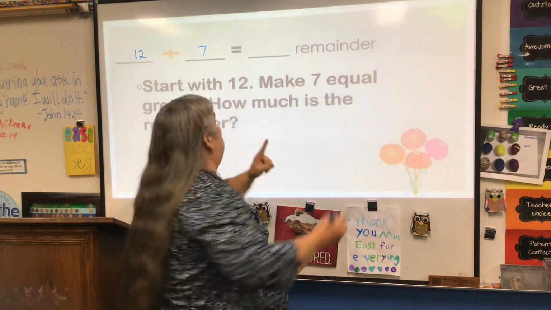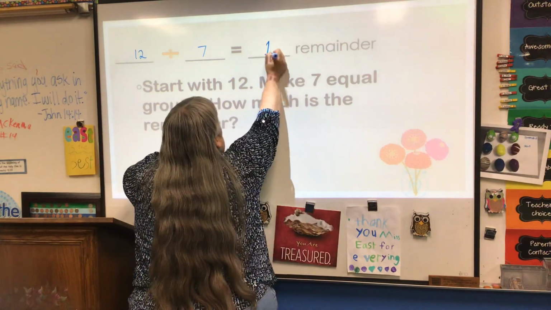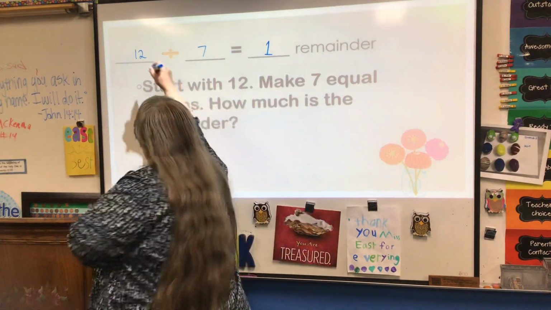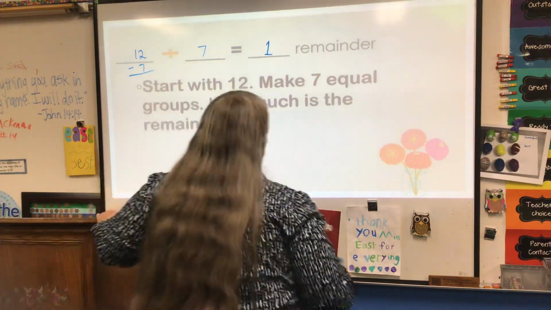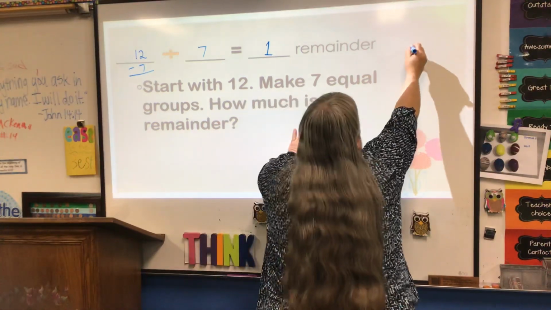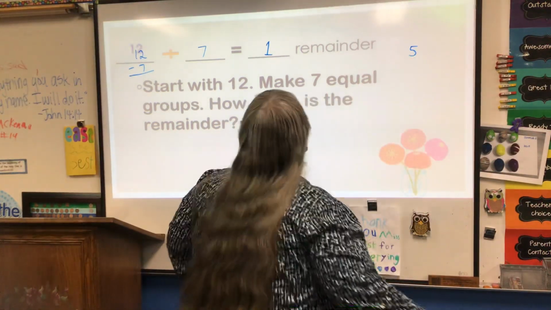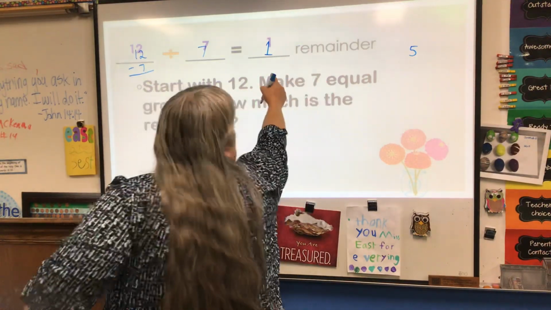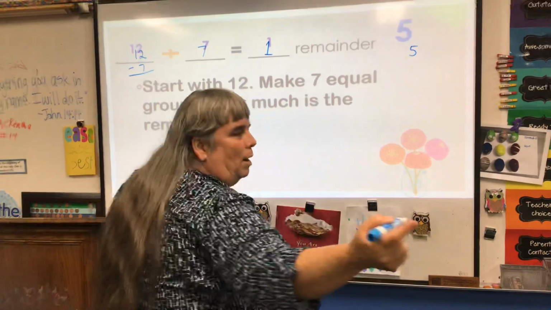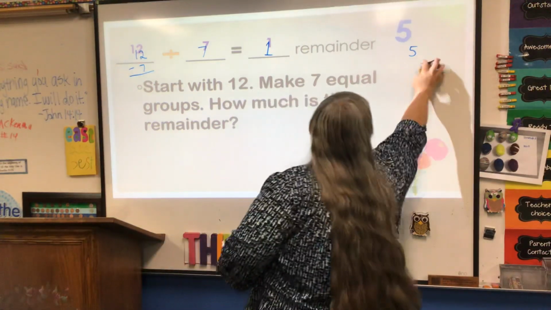We can only use 1. So 1 times 7 is 7, and then we're going to subtract. 12 take away 7 is 5. Let's see what happens. There's 7. There's 1. 5. We did it right. Excellent.